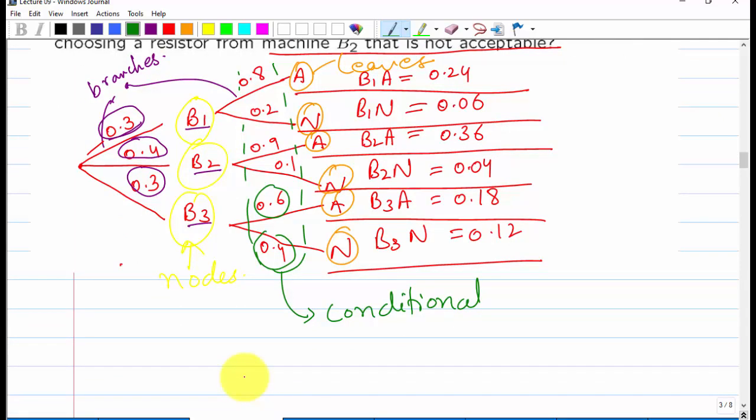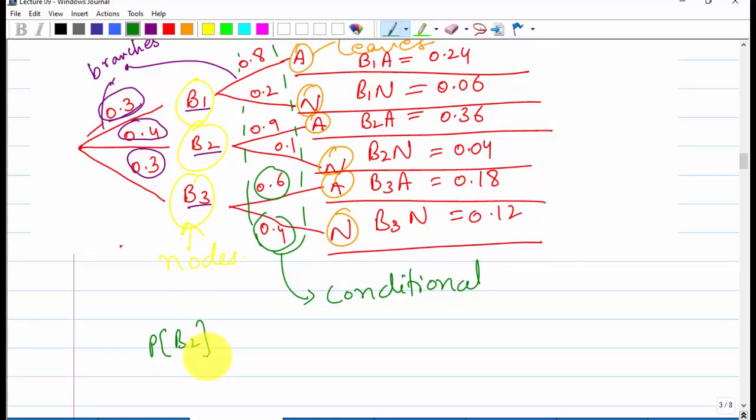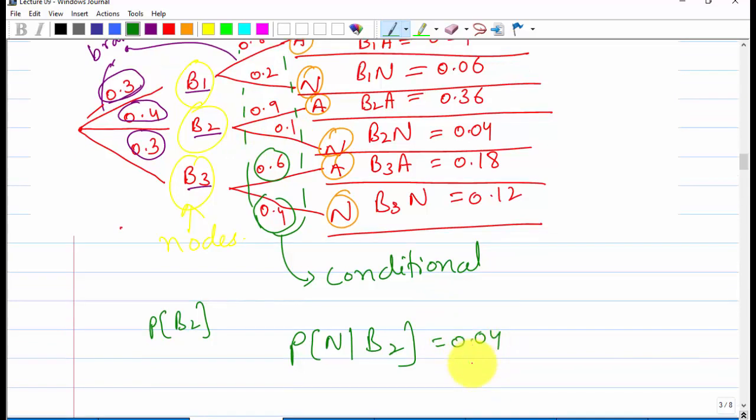Now the question asks us to find the probability that we have chosen the resistor from machine B2, for the case which is not acceptable. The probability of not acceptable given B2 is 0.4 into 0.1, which is 0.04.